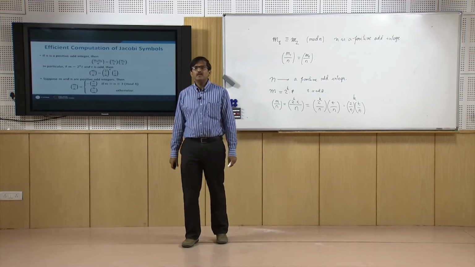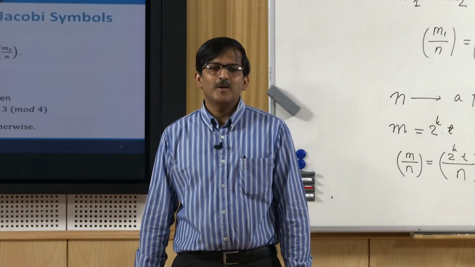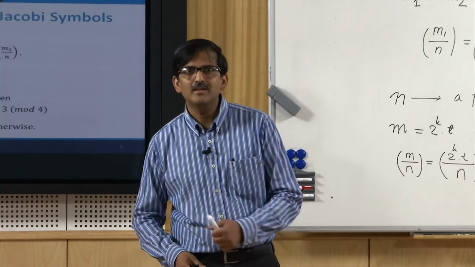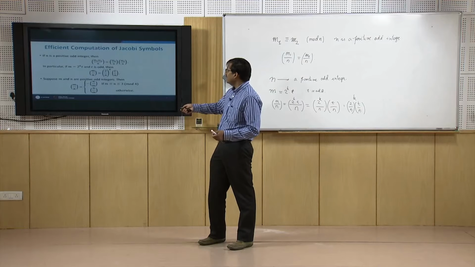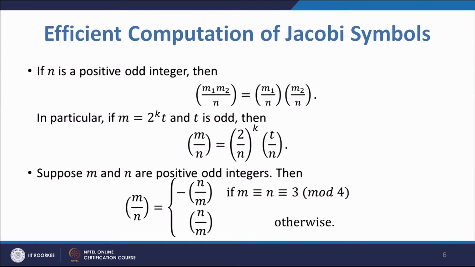And the last property, probably the most important property in this sequence of properties, is a kind of reciprocity property, which says that if you have m by n and both are positive odd integers, then you can turn them around.